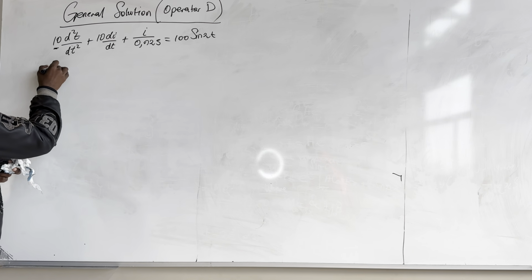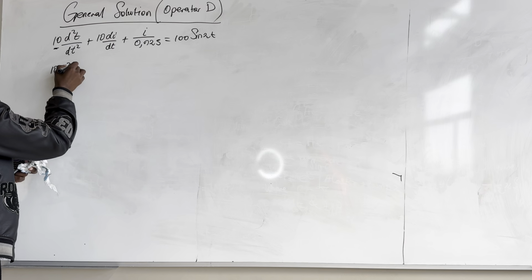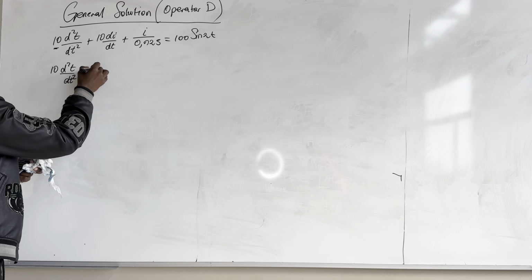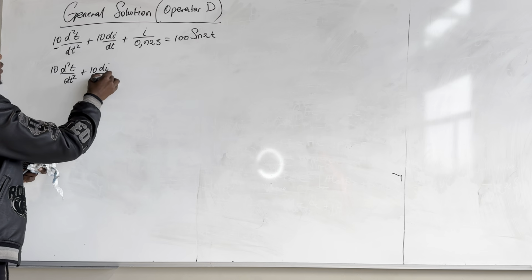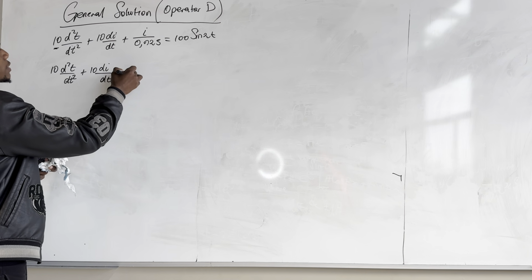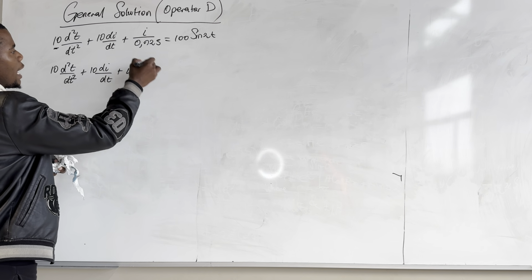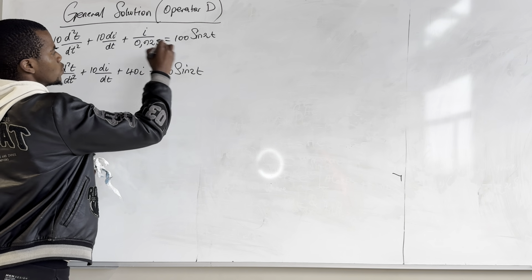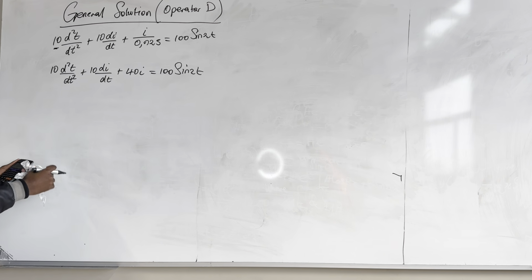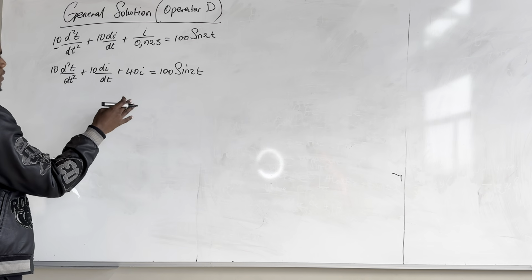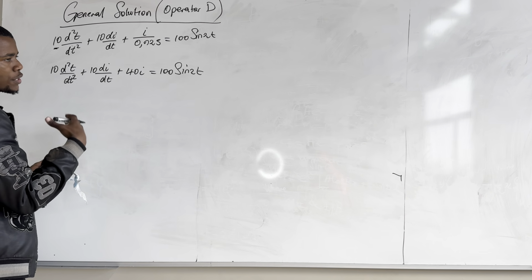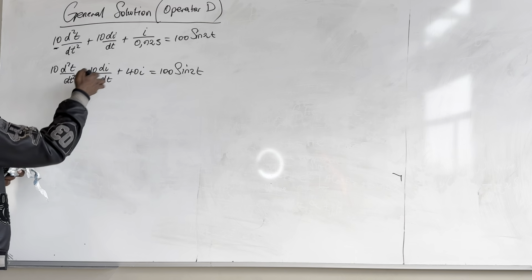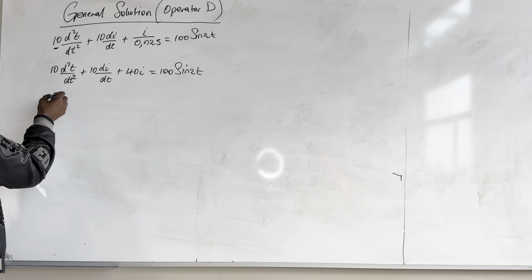So it should be 10 d squared i over dt squared, plus 10 di over dt, plus 40 i, and it is equal to 200 sine 2t. I think that's the first step. The second step, or it can also be the first step, is whereby you are just dividing and then you see the answer. So we just divided by 10.